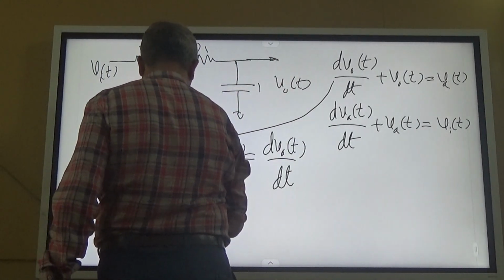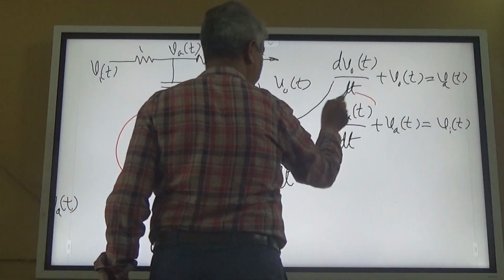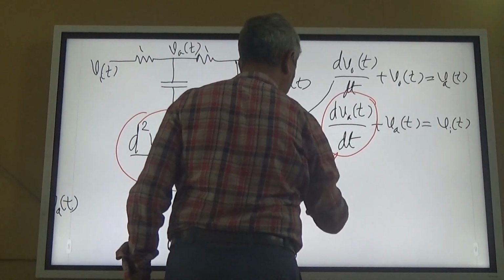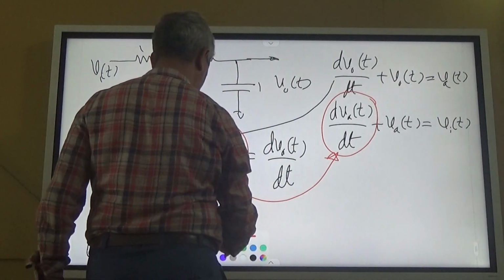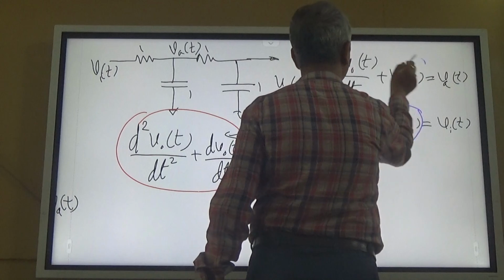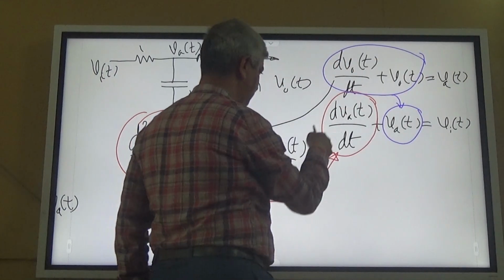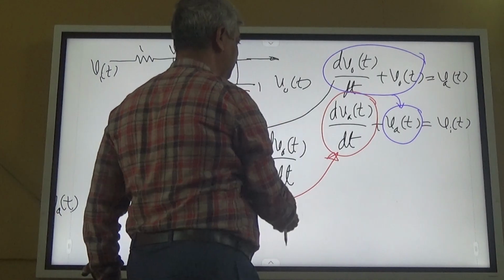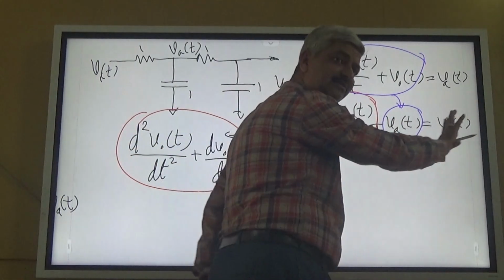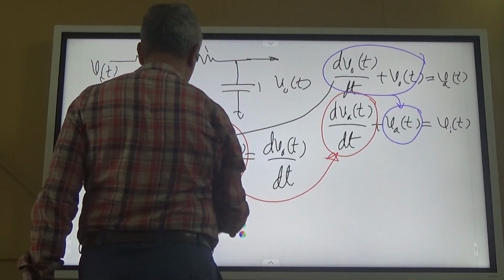I will give colored arrows so that you understand. So VAT I will substitute by this, dVAT/dt I will substitute by this, and VIN is all right. Yes. I am okay with it.